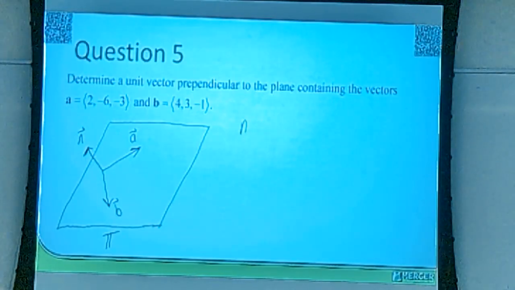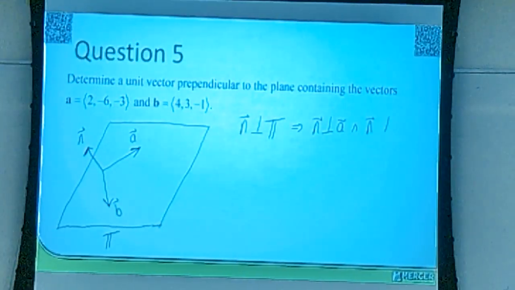So N, and this is where we can use the term normal, N being normal to pi or perpendicular to pi, means that N has to be perpendicular to A and N has to be perpendicular to B. So just let N be the cross product. And we want a unit vector, so once we find that, we'll then normalize it.